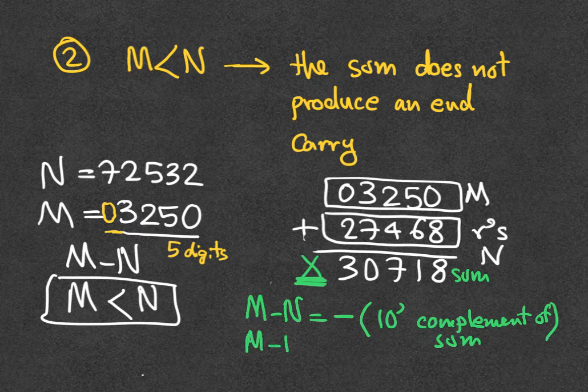So m minus n is going to be minus, and then you find the tens complement of 81703. So it's going to be 18297. So that's going to be the answer for m minus n. To summarize, the first step, you just add m to r's complement of n. And then if the answer doesn't produce any end carry, then m minus n is going to be minus the tens complement of the sum.